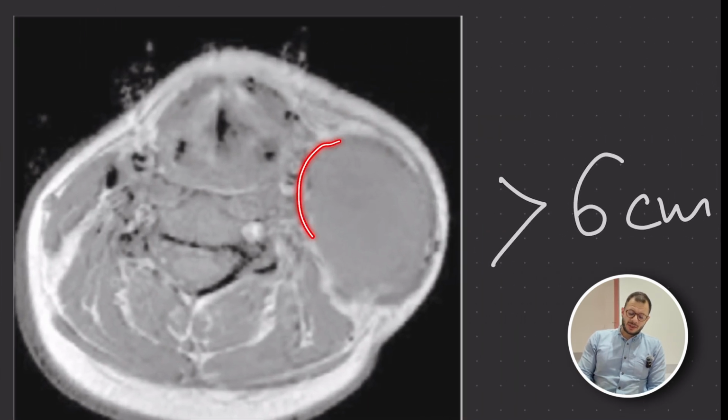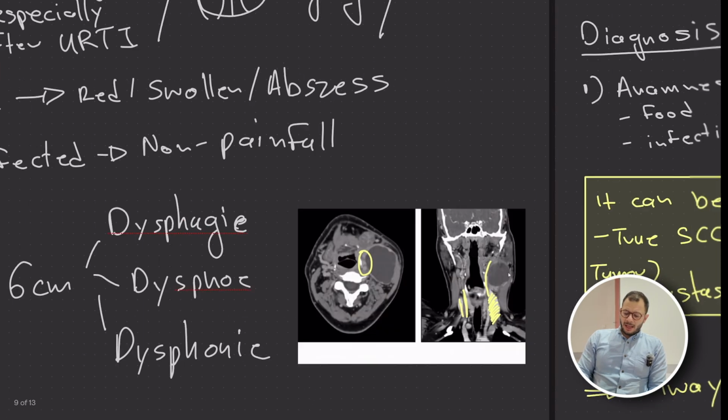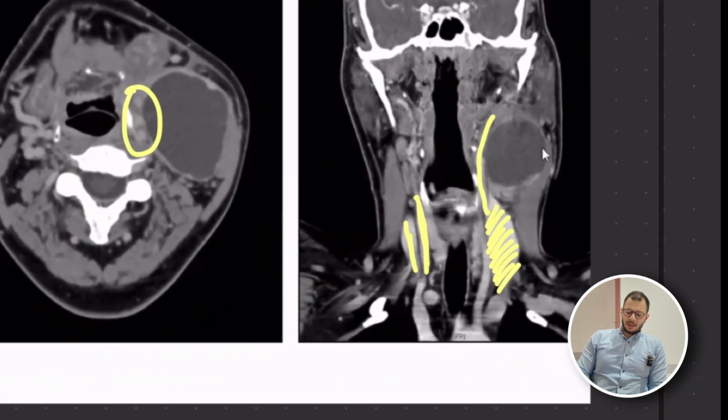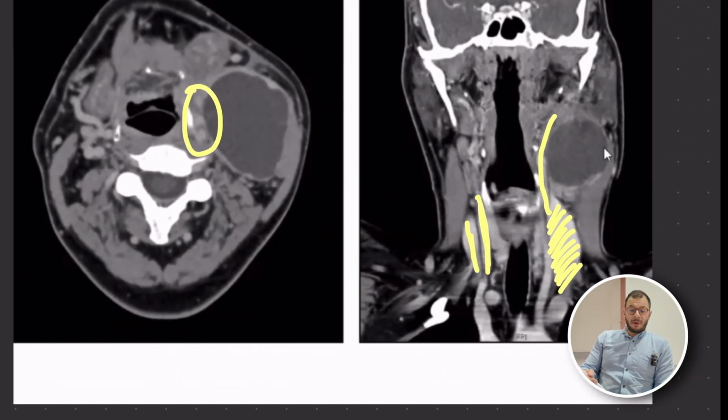Now here I have some pictures for you of how you can locate this cyst. Of course, here if it's so massive, it's hard to miss. And then here you can see in this image, and I've marked them for you, the cyst comes on the lateral side of the neck and pushes the carotid and the carotid sheath with the jugular vein and the vagus nerve medially.